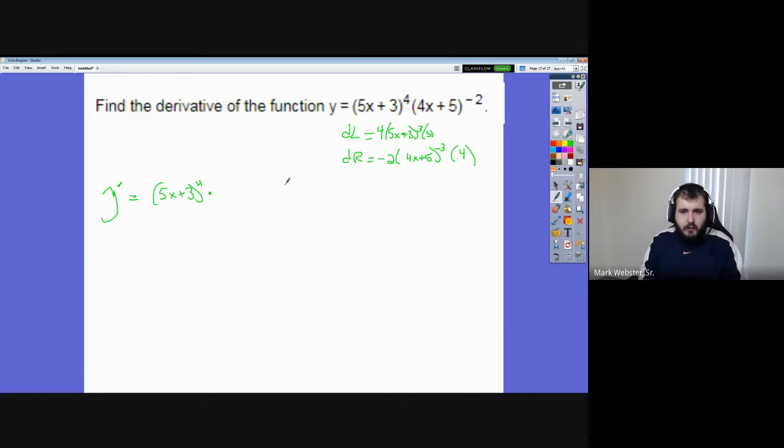So we're going to maybe simplify this out. -2 and 4 is -8, they're on the outside, times 4x plus 5 raised to the -3rd.